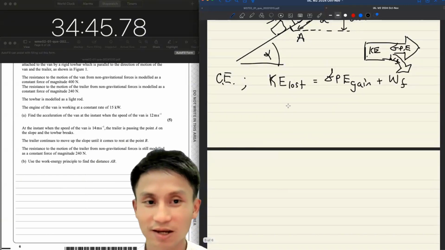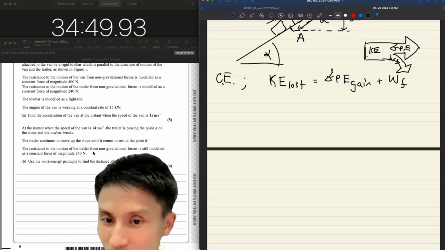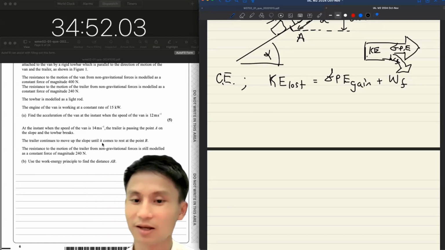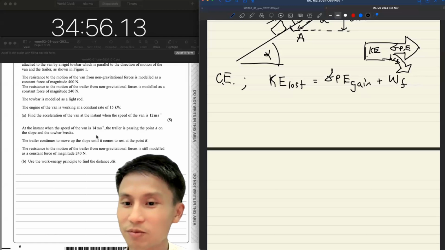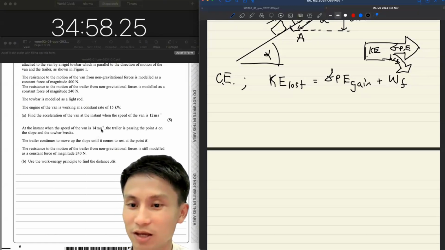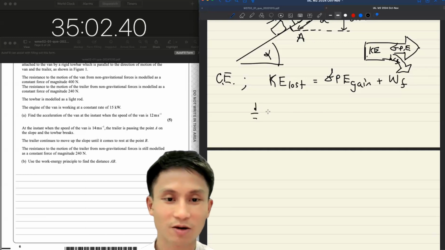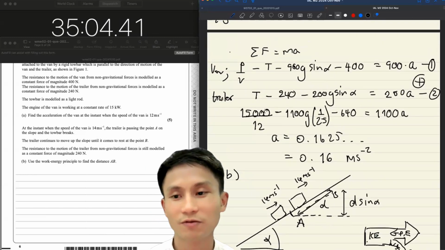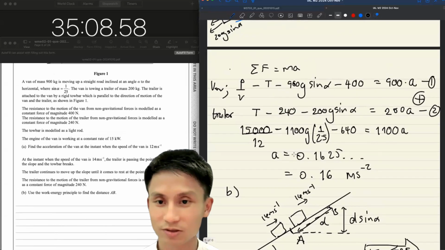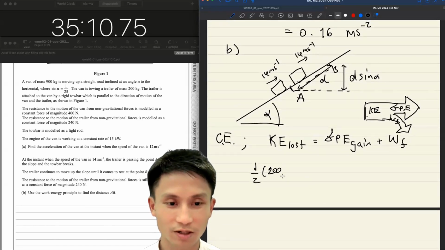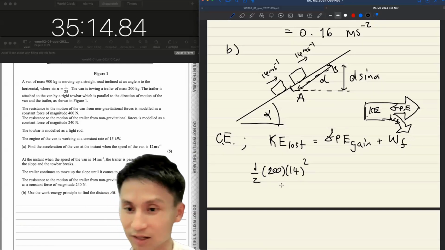I'm talking too much. So KE loss, we want the point where it is stopping. So KE loss will be totally calculated by the 14 meters per second here, right? So that's going to be 1/2 m, the mass of the trailer is 200, v squared, which is 14, because that is also the speed of the trailer.